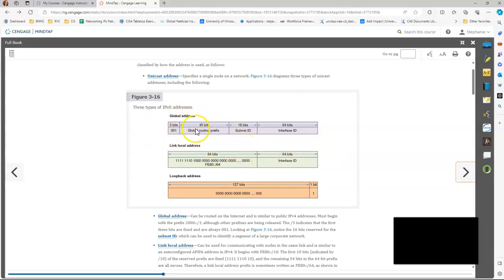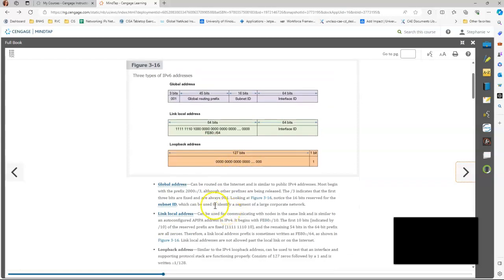If you were looking at the global address, so I just went over the link local, we have the first 3 bits, then the global routing prefix, the subnet ID, and then the interface ID. And then the loopback address is just 127 bits, and it's all zeros.